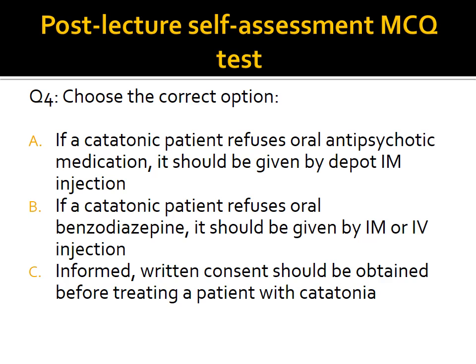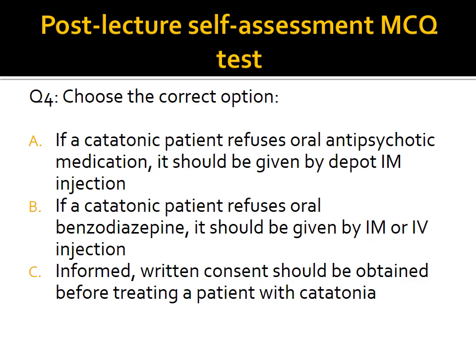Question 4. Choose the correct option. Option A: If a catatonic patient refuses oral antipsychotic medication, it should be given by depot IM injection. Option B: If a catatonic patient refuses oral benzodiazepine, it should be given by IM or IV. Option C: Informed written consent should be obtained before treating a patient with catatonia. Which is the correct option?